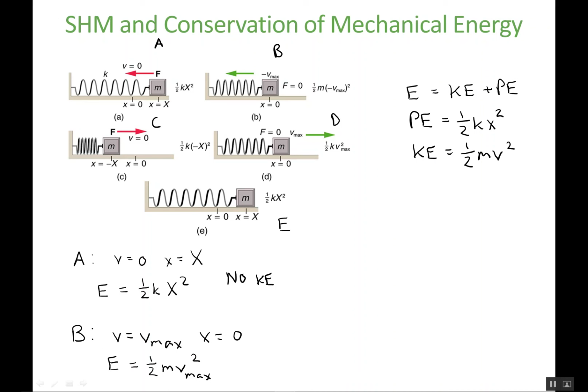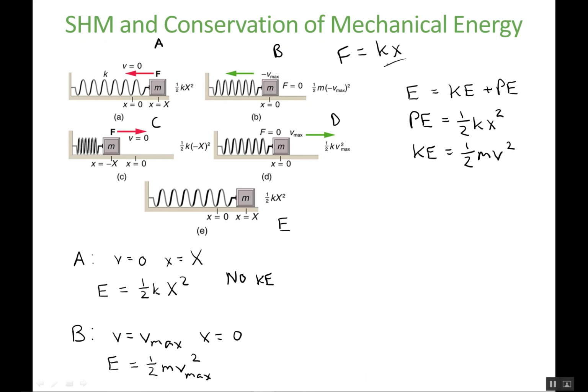In panel B, something else is happening. In panel B, the mass is at its equilibrium position, x equals 0. And what do we know about Hooke's law? Hooke's law says the restoring force is proportional to the spring constant and multiplied by the displacement from equilibrium position, x.